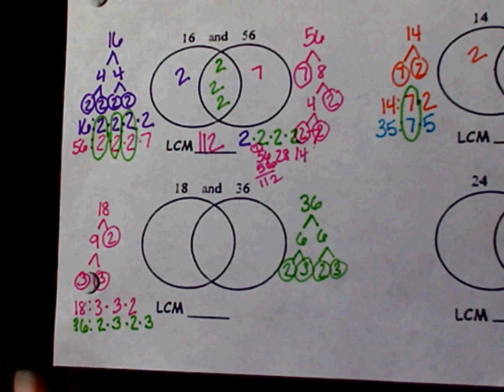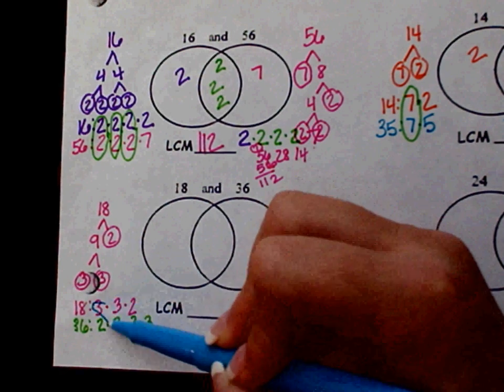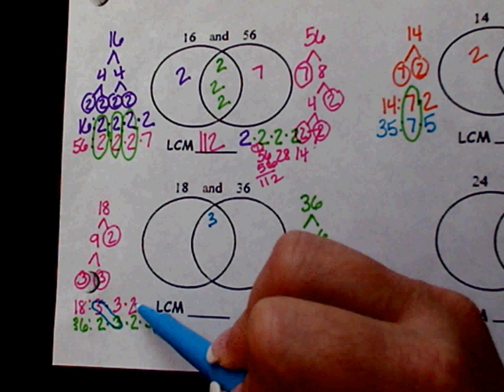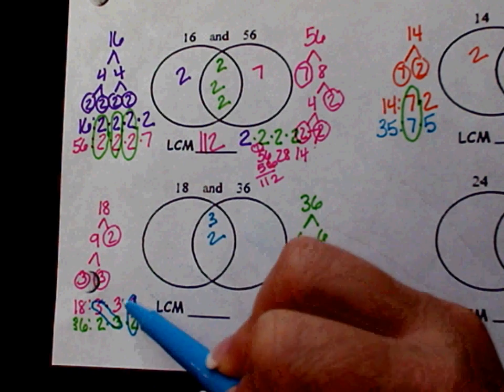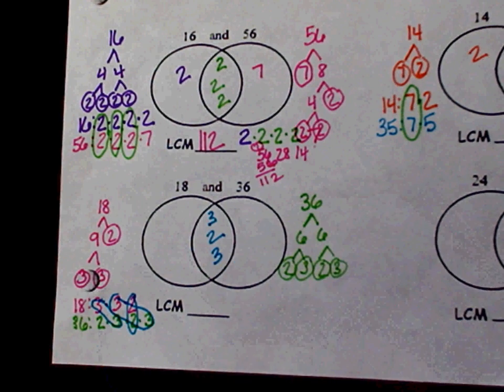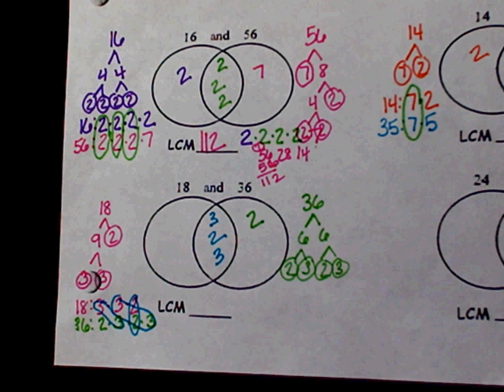Okay, I find one pair of 3s. I'm going to put it in the middle. A pair of 2s, put it in the middle. Another pair of 3s, put it in the middle. But then the 36 has a leftover of 2, so I'm going to put that here. And because we're doing least common multiple, we're going to multiply them all together.